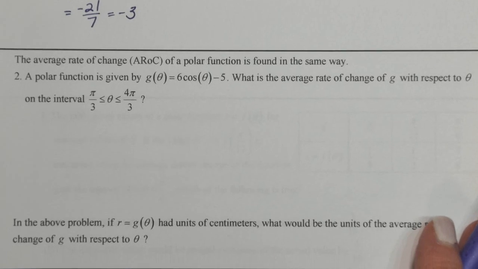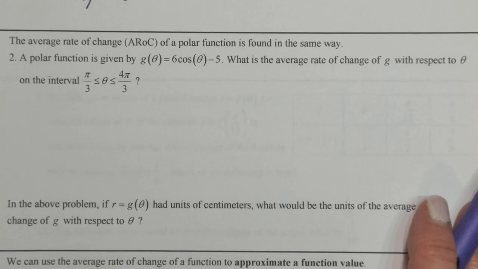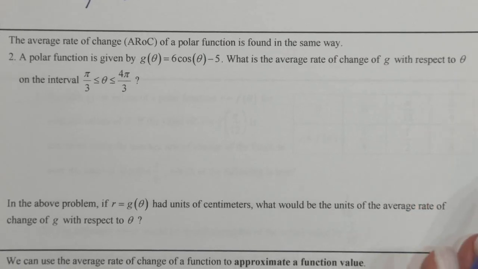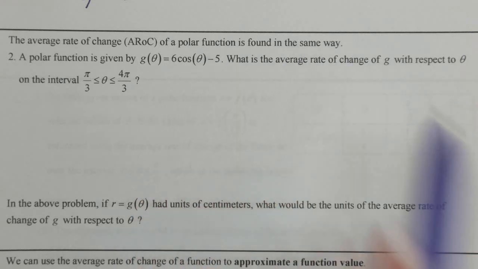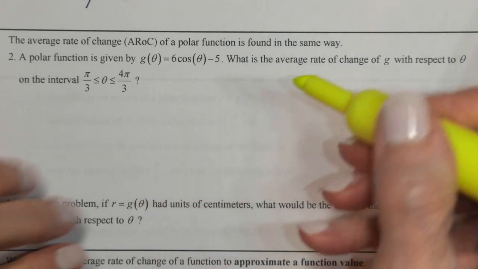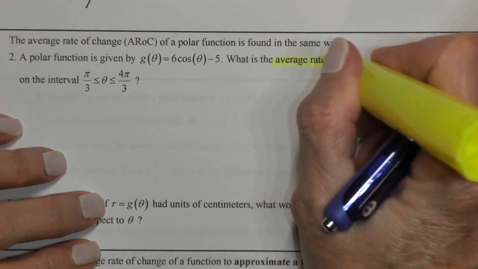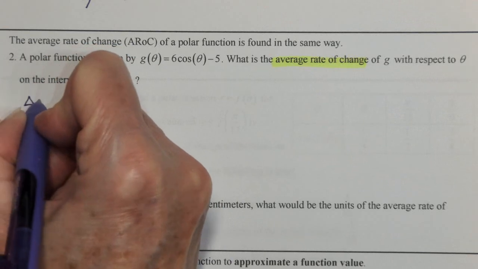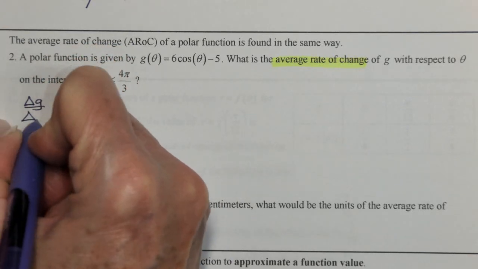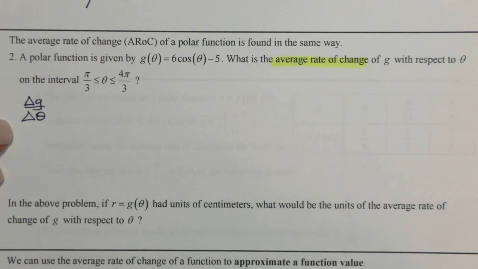Okay, to find the average rate of change of a polar function, we do the same thing. We just have thetas instead of x's. All right? So if I give you a polar function and ask you for the average rate of change, we're finding change in g over change in theta.